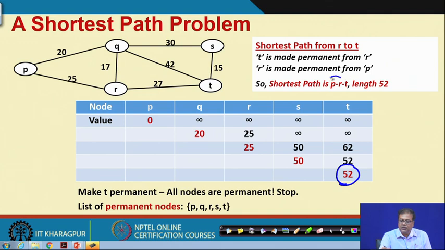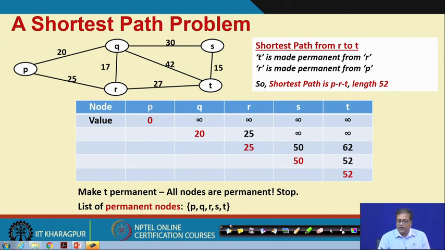So, the shortest path is P R T and the length is 52, and how it was found, because if you recall, that value 52 was obtained from R, and R's value was found from P. Therefore, P R T would have been our new shortest path. So, this is how Dijkstra's algorithm really works.